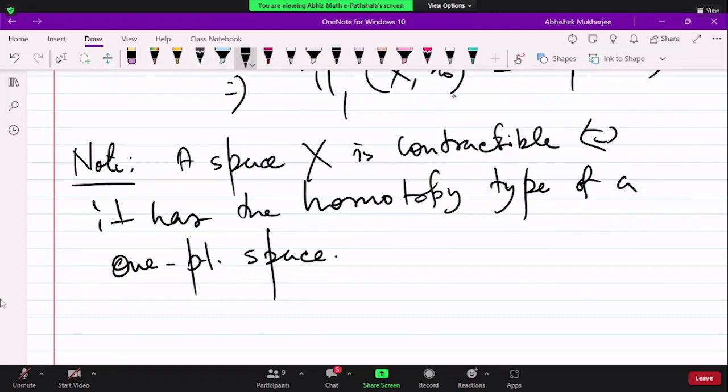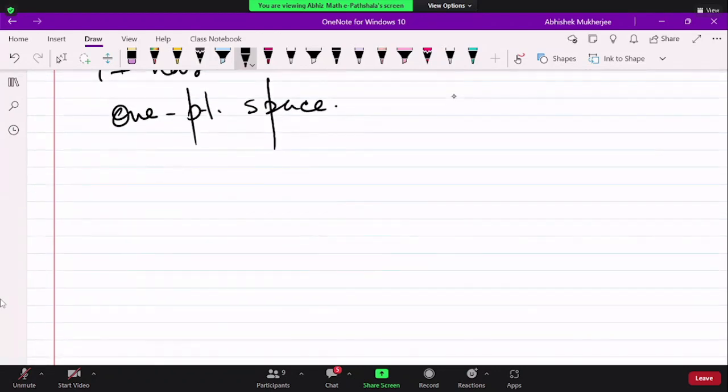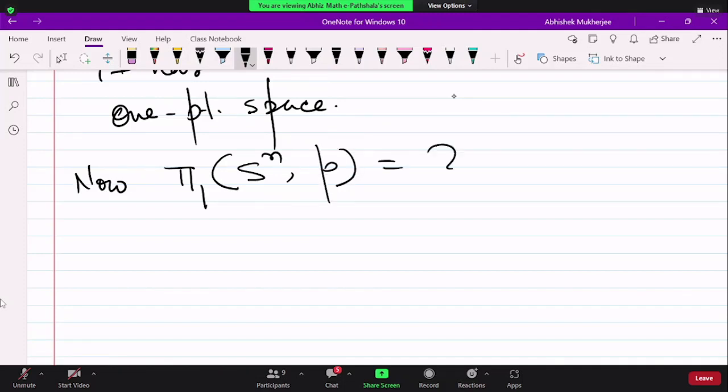Now let's move forward to a very nice kind of space. Let us set our goal to prove what would be the fundamental group of S^n.